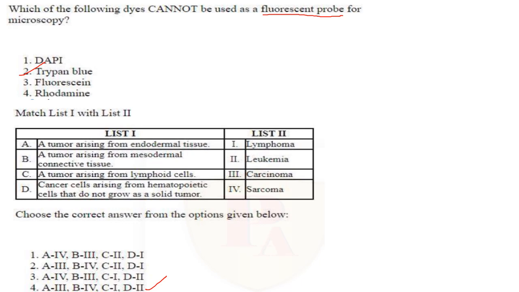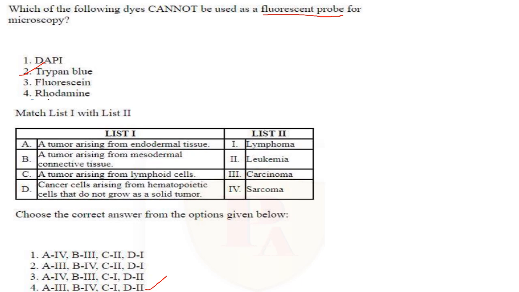Now, next one. A tumor arising from endodermal tissue. So, for endodermal tissue, the tumor will be carcinoma. A tumor arising from mesodermal connective tissue. Now, mesoderm will give rise to muscle cells. So, remember mesodermal connective tissue is the fourth option, that is sarcoma. So, B4. A tumor arising from lymphoid cells.